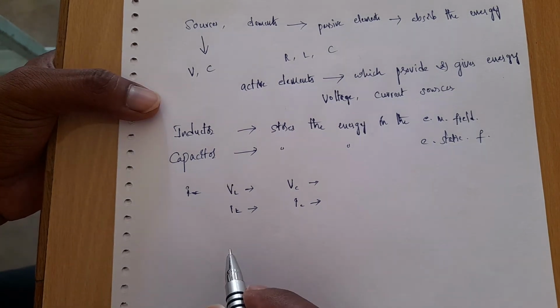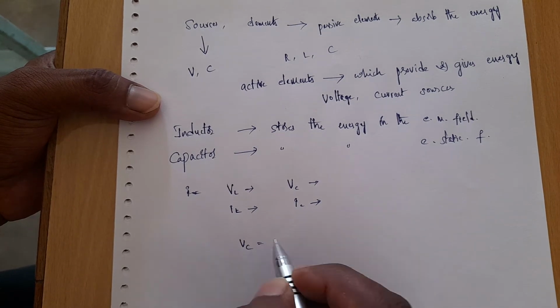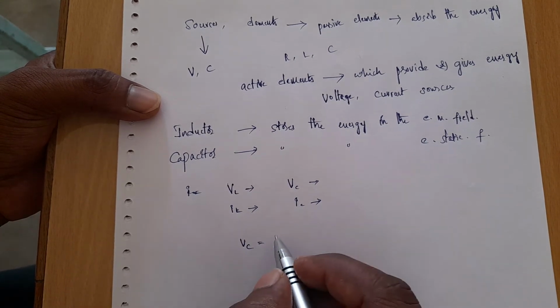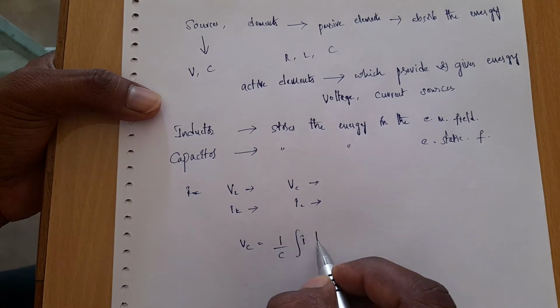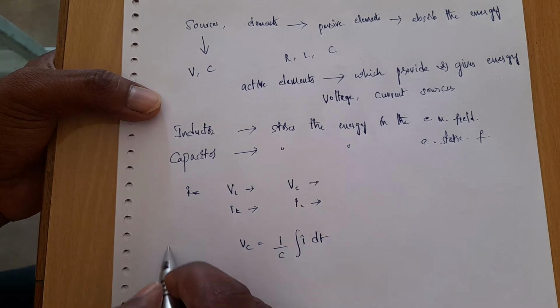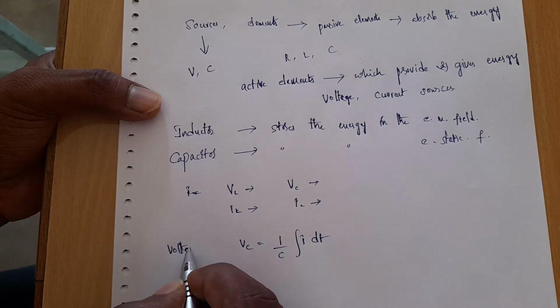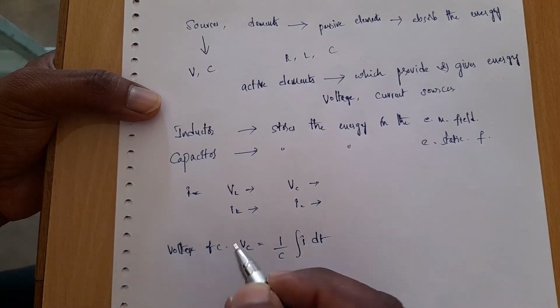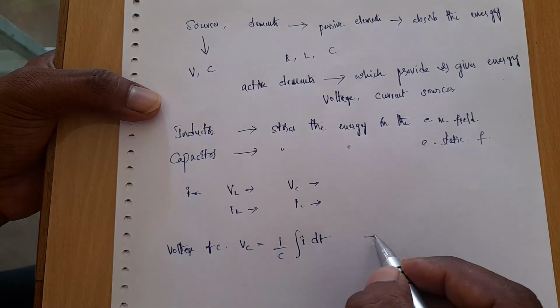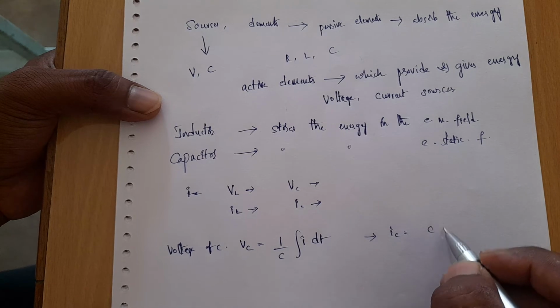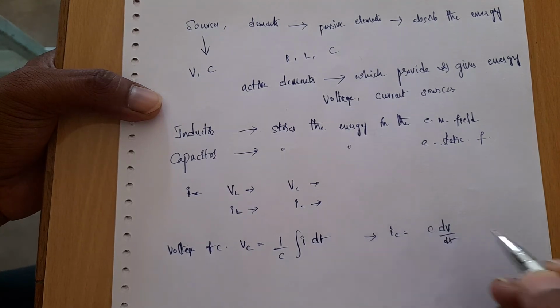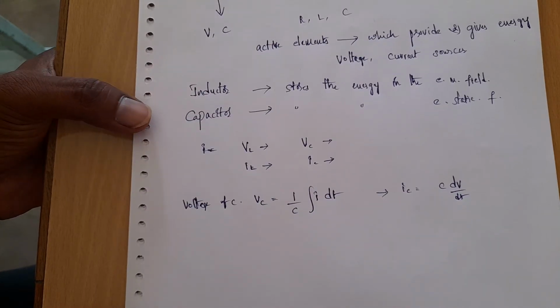The voltage across the capacitor is VC is equal to 1 by C integral of I dt. From that we can represent IC is equal to C into dV by dt. That is the current across the capacitor.